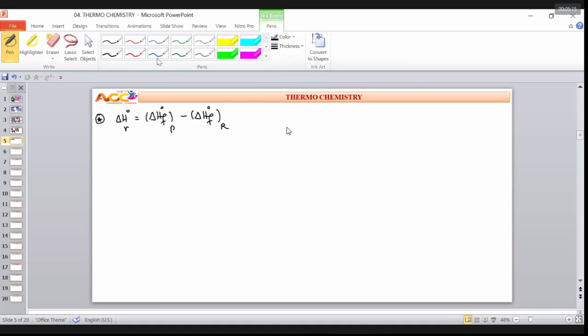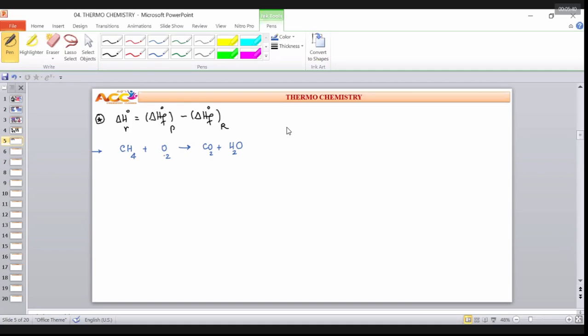Suppose you want an example. Methane undergoes oxidation to form carbon dioxide and water.